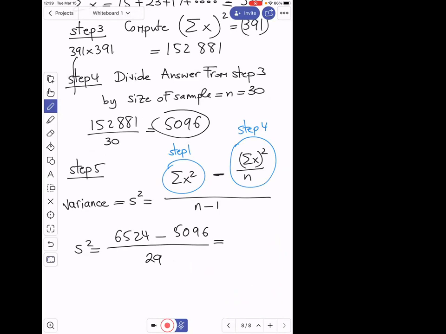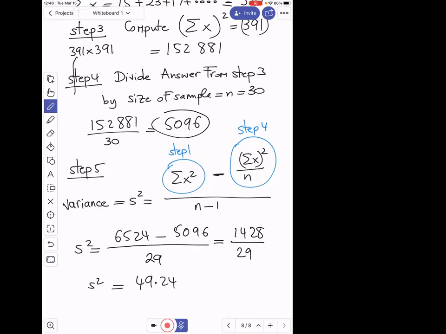So the answer is, let me see, 6,524 minus 5,096, if I'm not mistaken, of course. So this is 14, 20, 28, I think. Over 29, we divide by 29. So then the answer is 49 point something. I think point 24.